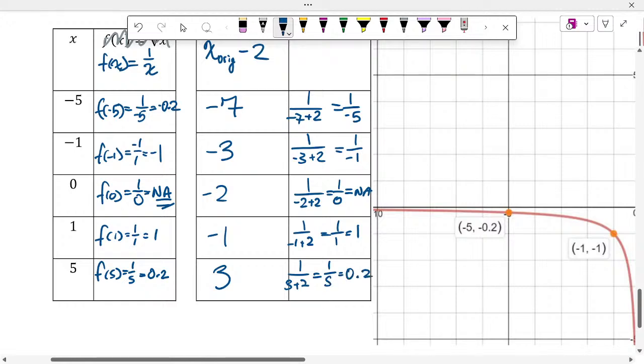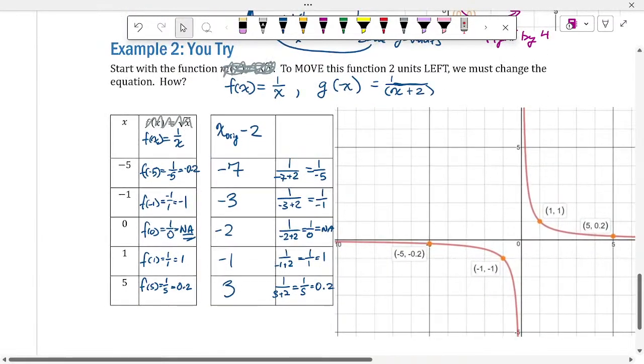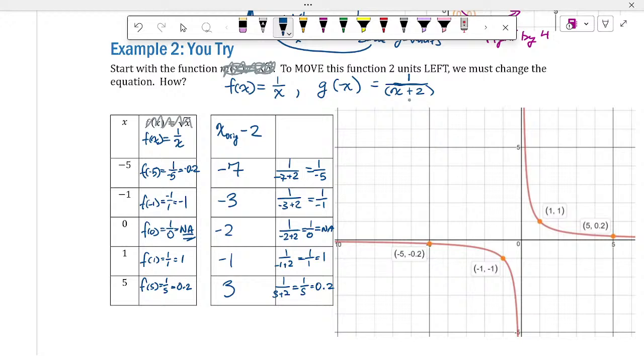So the big thing to take away here is that when you go to change your function, if you want to move it left by 2, you don't actually subtract 2 from the x. If you want to get the x's to all move left by 2, in the math, you have to actually do what to them? Add 2.